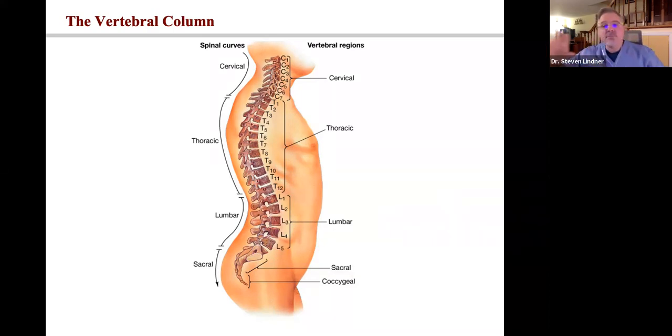They send out motor information to make your organs and muscles work, but they also receive sensory information. The muscles and organs send feedback back into the spine, up the spinal cord, and up to the brain to be processed. So there's sensory information going up and motor information going out.